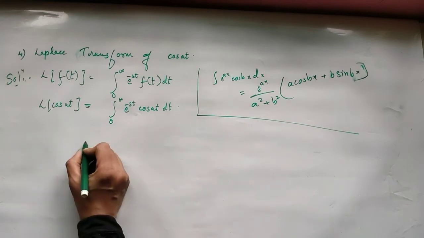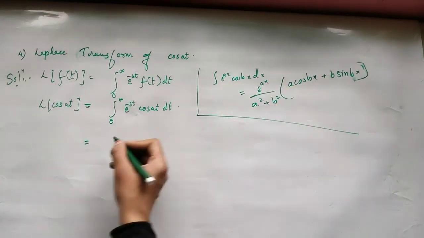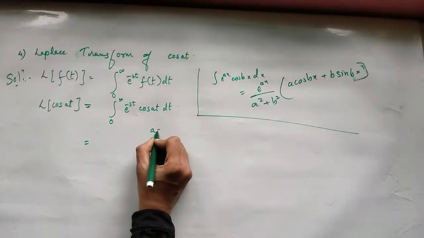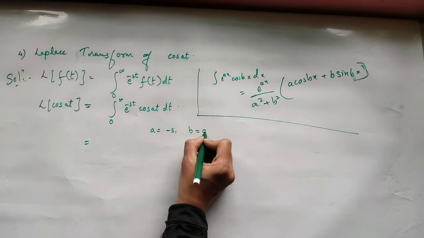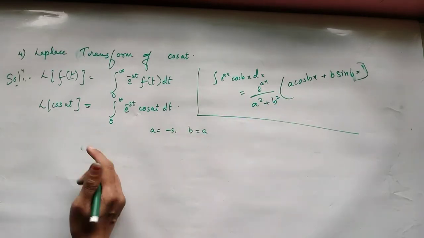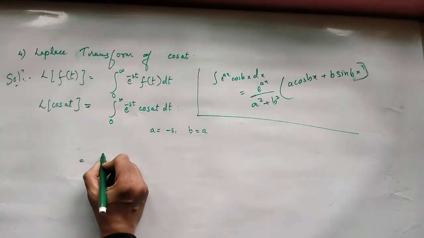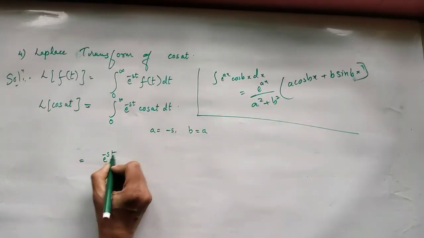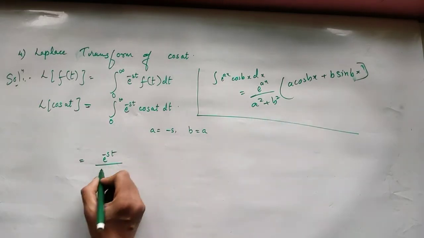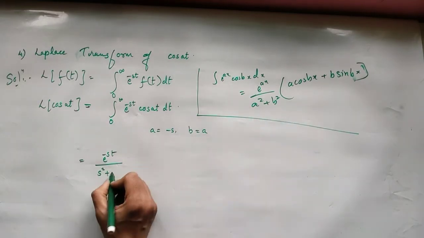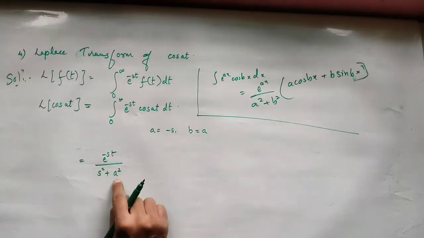Now let us apply the formula directly. Let me write here: a is minus s and b is equal to a. Use that substitution in this formula. So it will be e to the power minus st divided by a square plus b square, which becomes s square plus a square, because in place of b you got a.